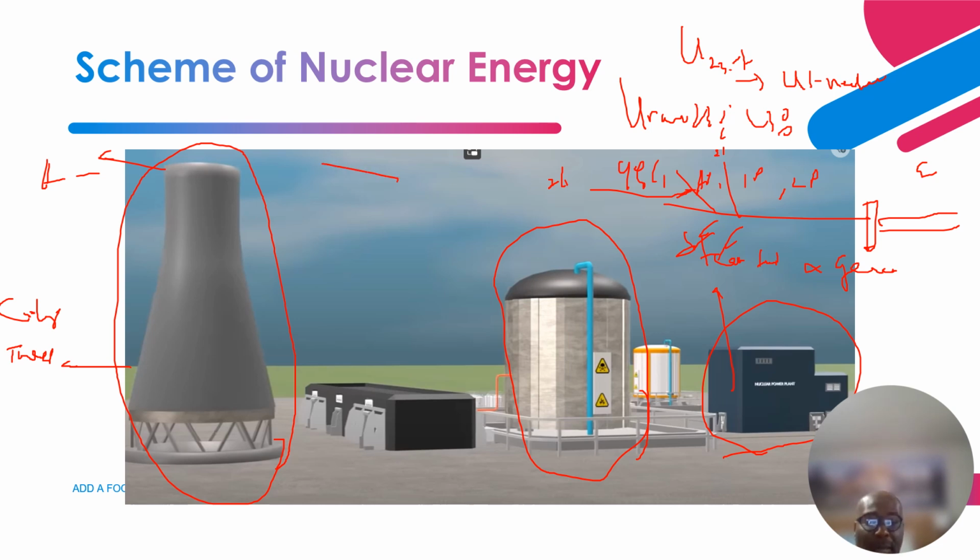Think about it, the piping is very huge, and the mass flow rate is very high. Once it impinges on the turbine, it rotates the turbine blades, and since the turbine shaft is coupled to the generator rotor, which is also another shaft, once the turbine starts turning, the generator rotor also starts turning.